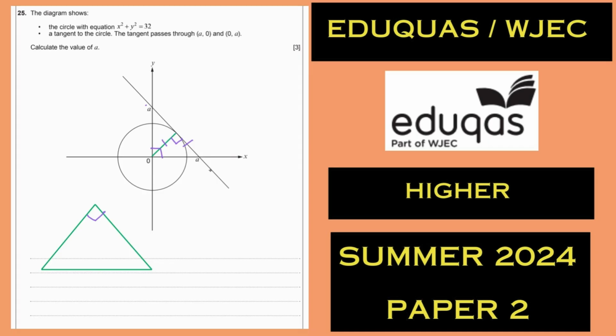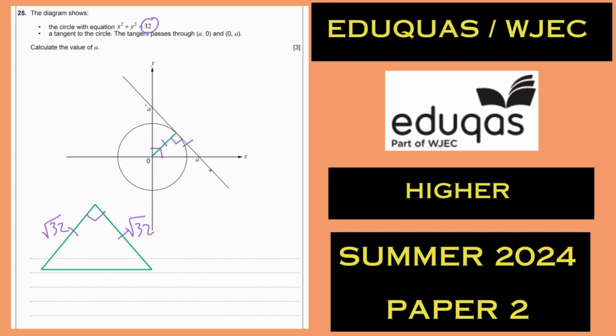But ultimately, the radius of a circle, that distance, is the root of 32. Because it's isosceles, so is that. We're just going to apply Pythagoras. Square that side, we get 32. Square that side, we get 32.